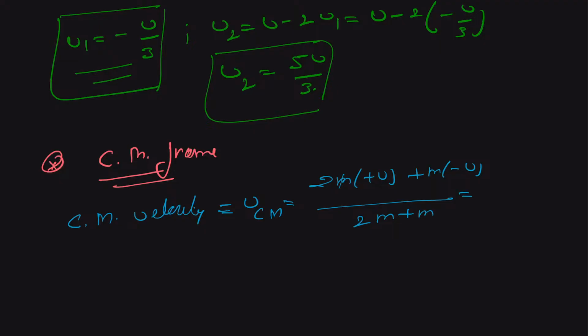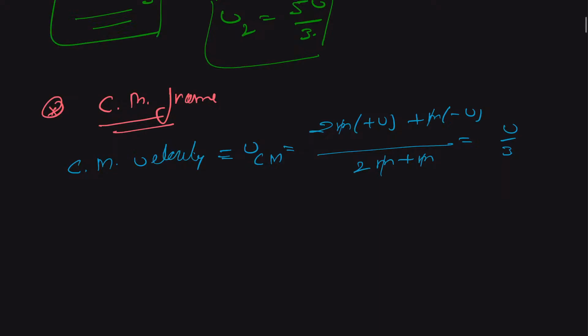So here this m cancels out throughout, and this comes as v by 3. Okay, because this is 1, so this will be coming as v by 3. And we have two masses, 2m as well as m.